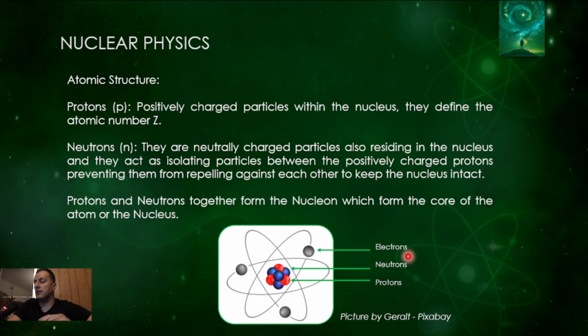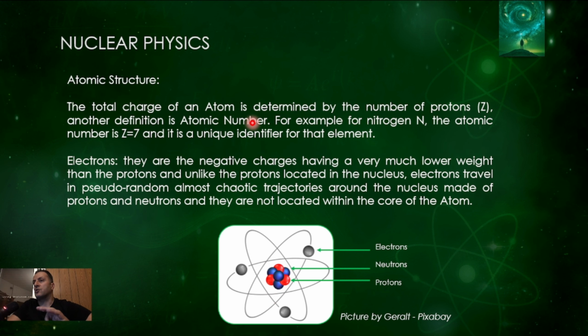As you see in this picture, the protons are, as we mentioned, the positively charged particles, surrounded also by neutrons within the nucleus. They form the nucleus, and electrons are the negatively charged particles which are in rotation, in orbit, not exactly circular, but they travel through an orbit around the nucleus.